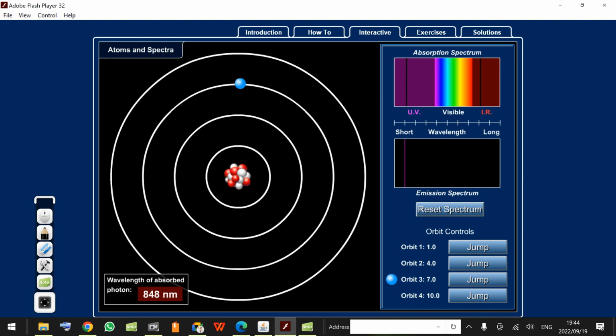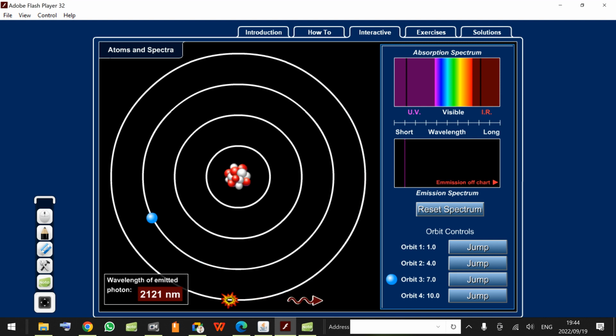What happens to the electrons? They gain what? Energy. And they move from a lower energy level to a higher energy level. Let me do the third one. Let's see if we can get the spectrum there. Oh, it's beyond the chart. But I want you to check something. Check my emission spectrum. I am going to be releasing photons now.